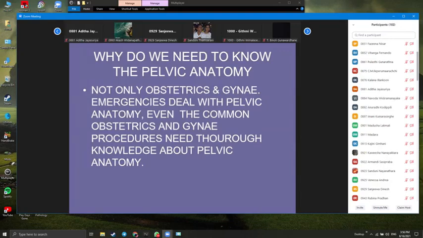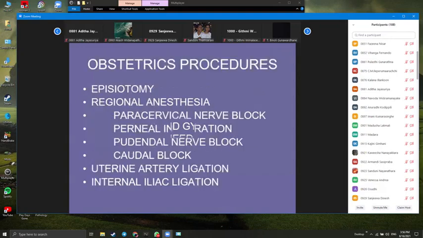The common obstetric and gynae procedures need a thorough knowledge of the anatomy. That is one point that I want to highlight. Then certain procedures like episiotomy, right? Then regional anesthesia, you want to put the forceps to deliver the baby. How would you give the local anesthesia?